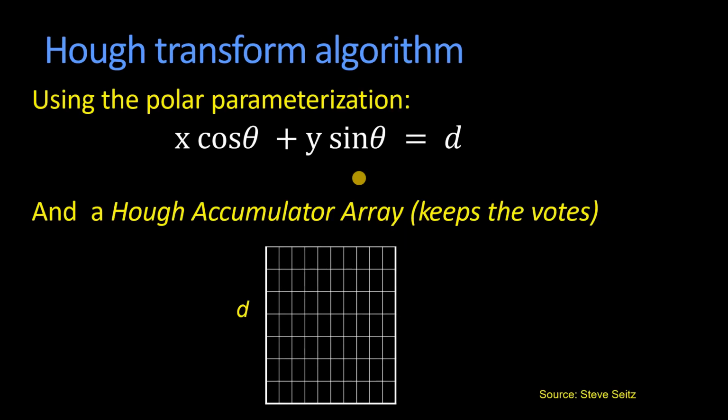With this mechanism, we use the same procedure. The rest of the things are almost the same. So we do the Hough transform algorithm. How it works is that we use the polar parameterization, and here we have a Hough accumulator array, which is like a big array that keeps the record of the votes.